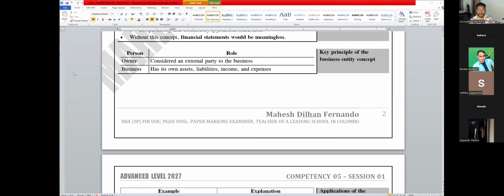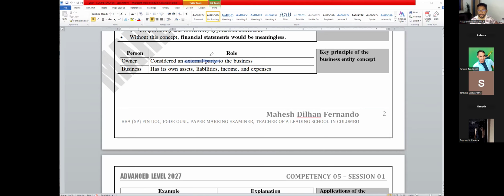The key principle: the owner is considered an external party. Then the business, I told you, has a separate existence.